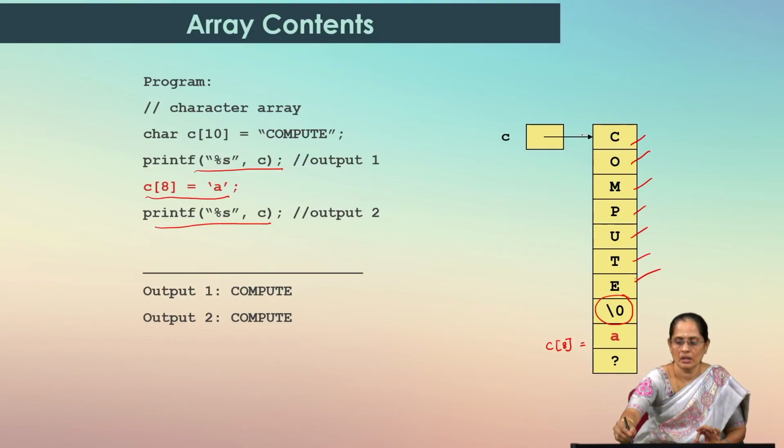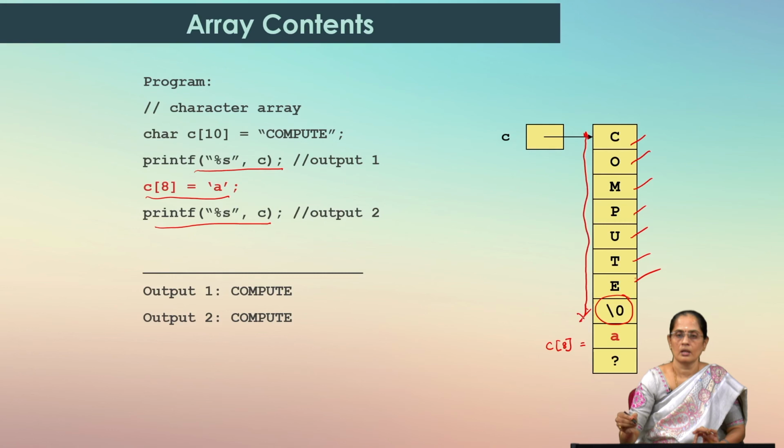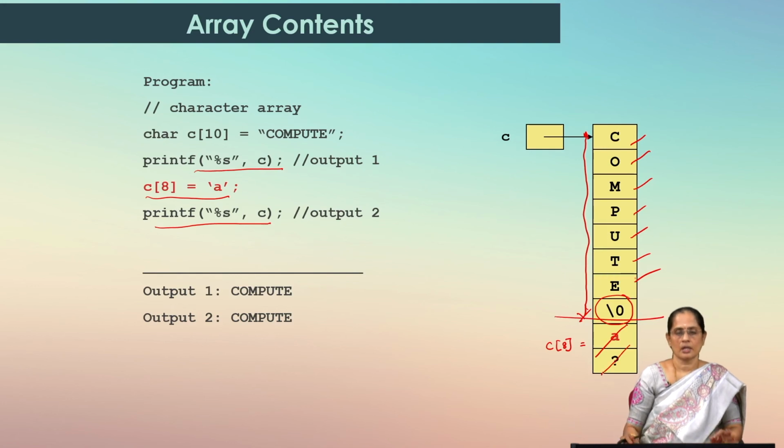From the starting base address it reads the string until it encounters a null character, then it stops the retrieving and print process and ignores the values after the null character.